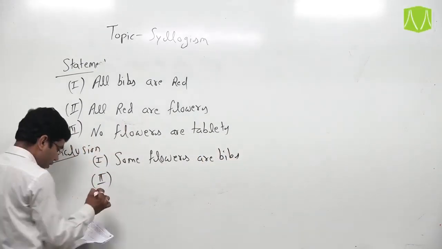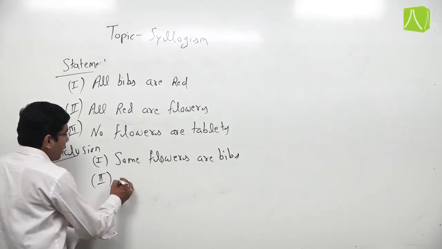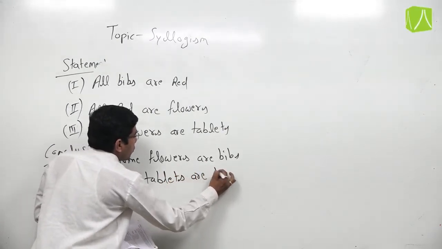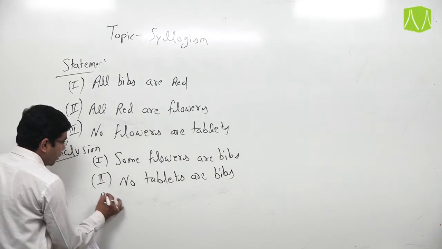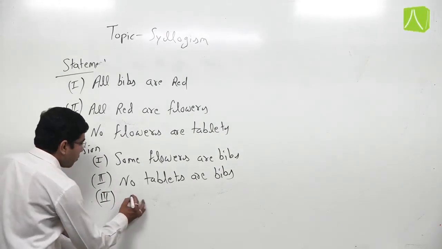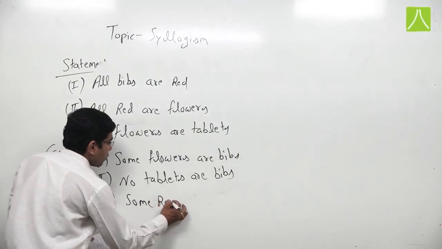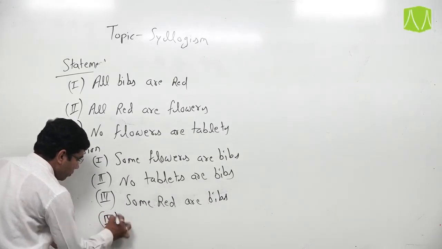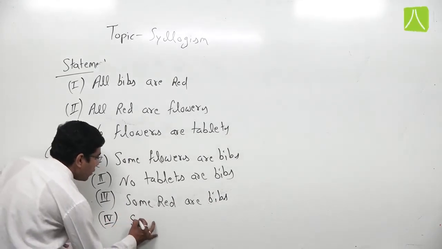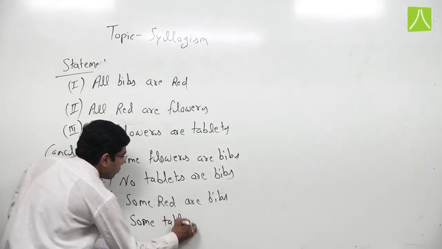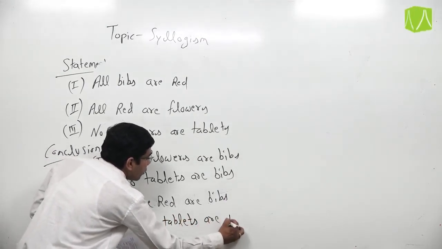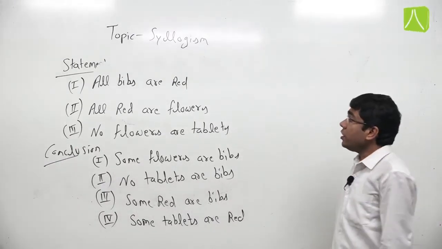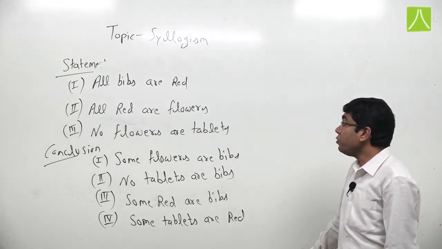Second conclusion is no tablets are wives. Third conclusion is some red are wives. And fourth conclusion is some tablets are red. Now, according to these three statements, we have to check the four conclusions.